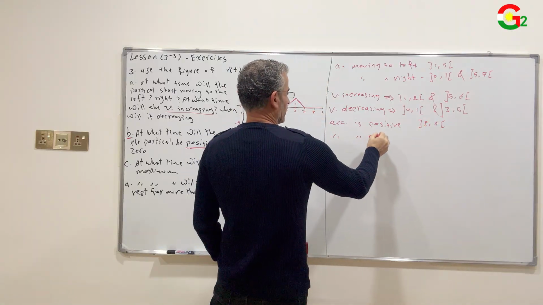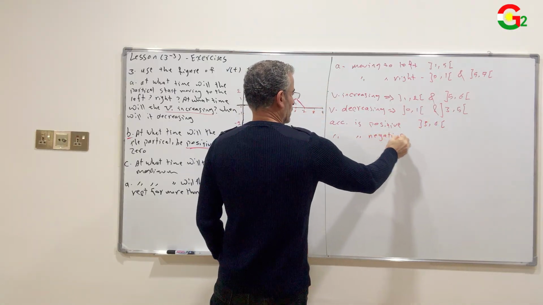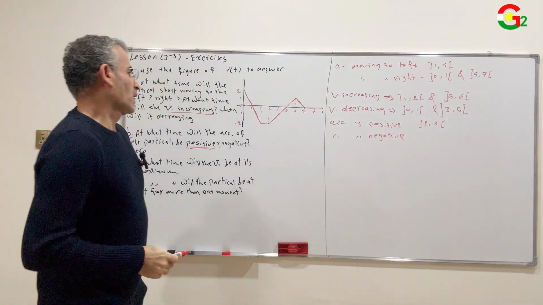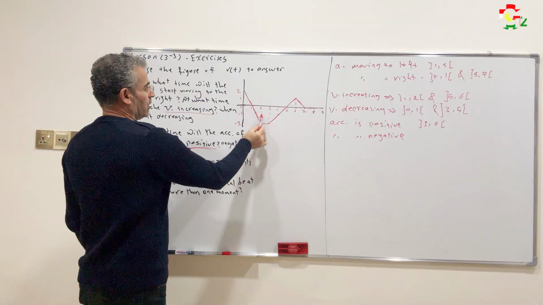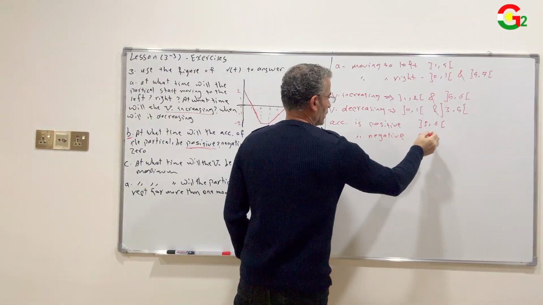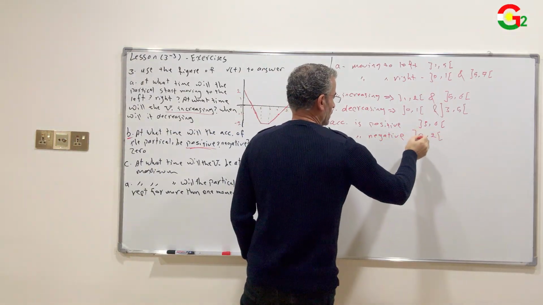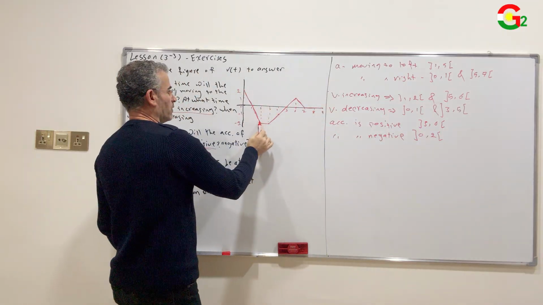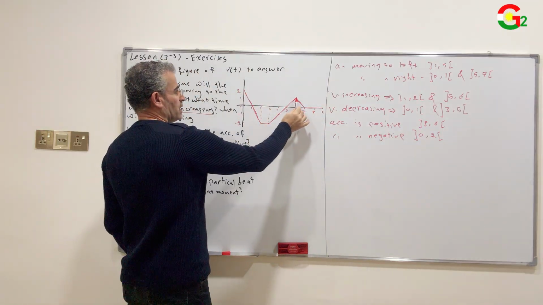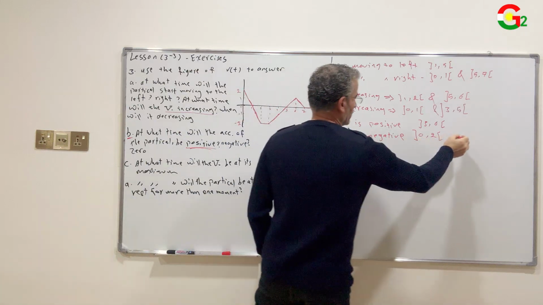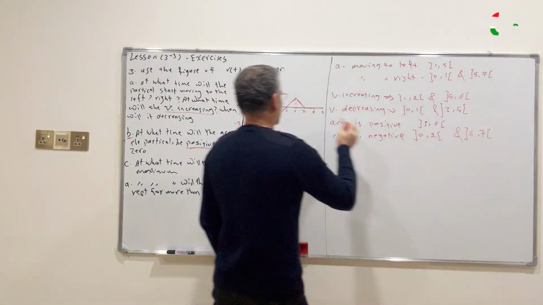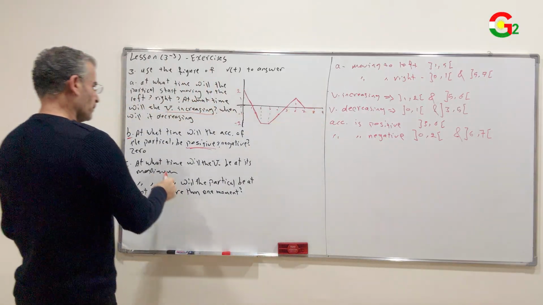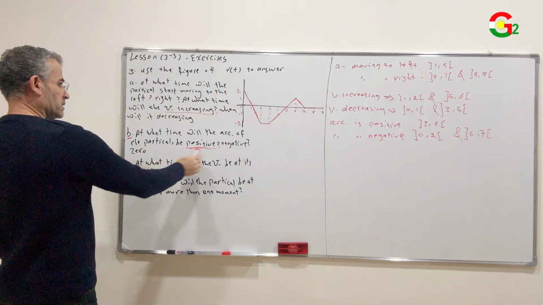Acceleration is negative when the velocity is decreasing between 0 and 2, and between 6 and 7, also the velocity is decreasing.